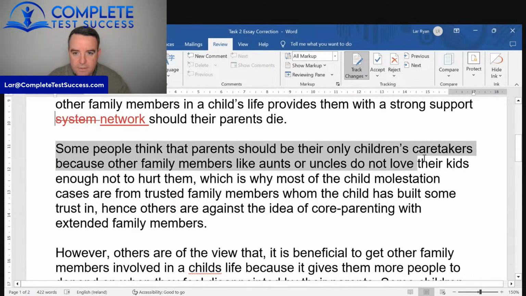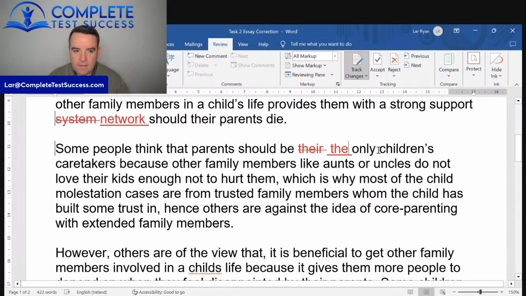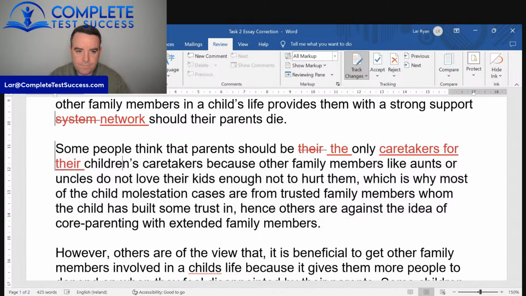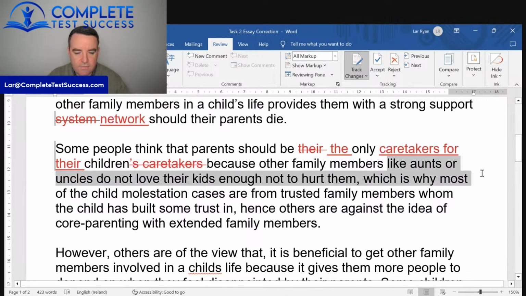Some people think that parents should be the only caretakers for their children. Should be, let's say, the only caretakers for their children. Because other family members like aunts or uncles do not love their kids.